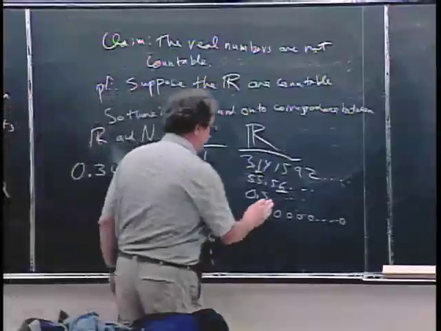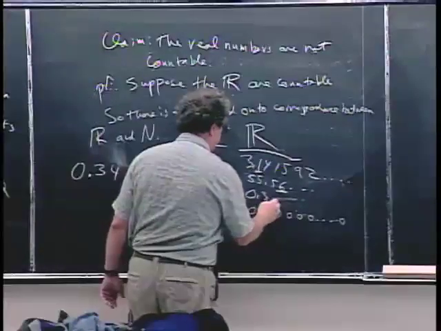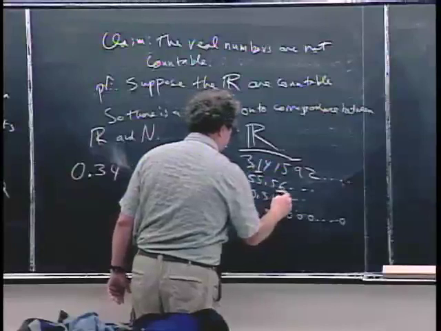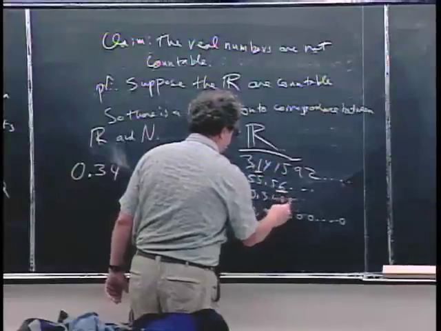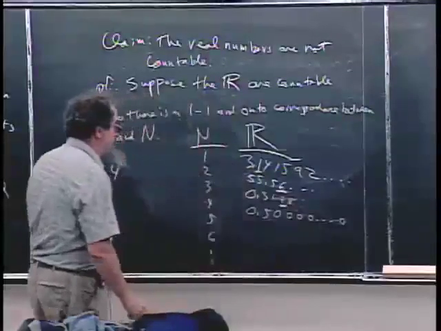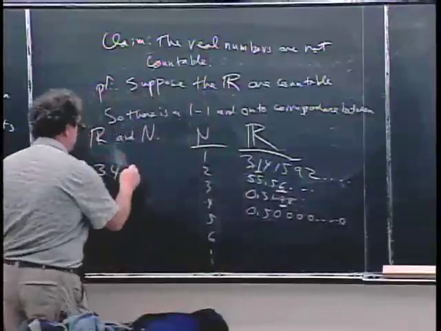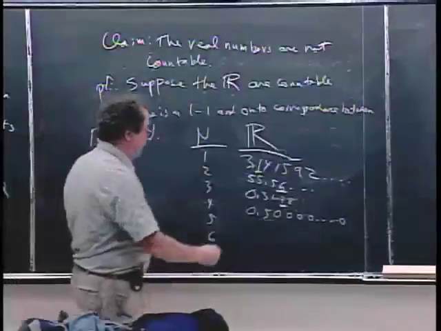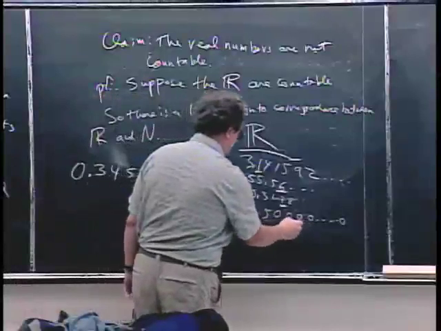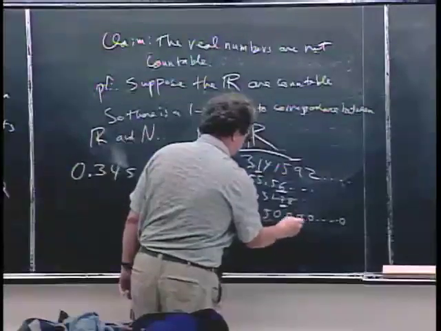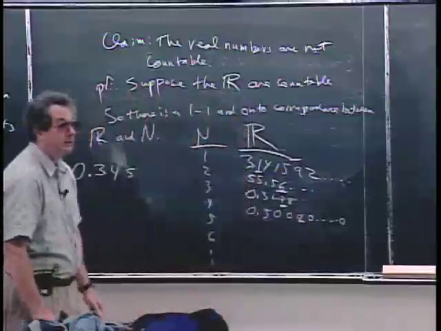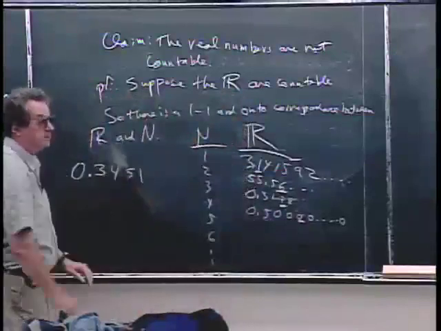And the next one, let's go out here, 3 digits. Let's say 0.3178. Okay? So this one, I'll make it anything other than 7 or a 0 and 9, maybe a 5. Okay? And then the next one is a 0. Okay? So maybe I'll make that a 1.